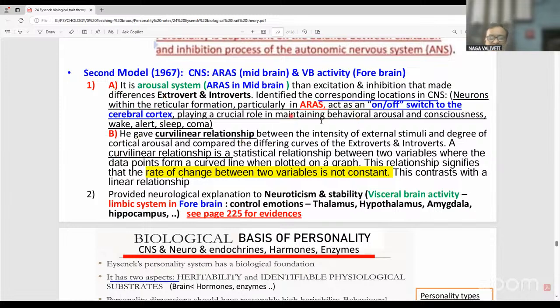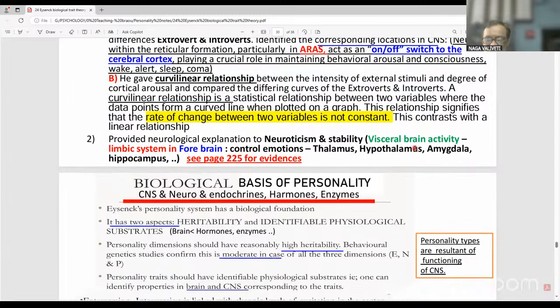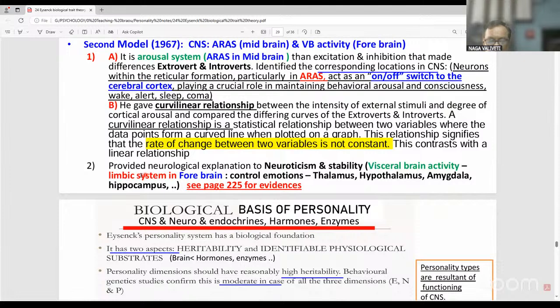He says that this relationship is not a constant one but will be changing. Curvilinear means there will be ups and downs, not a constant influence. Then he gives the visceral brain, meaning the forebrain. It has the limbic system. It has four things. The thalamus is a relay center.